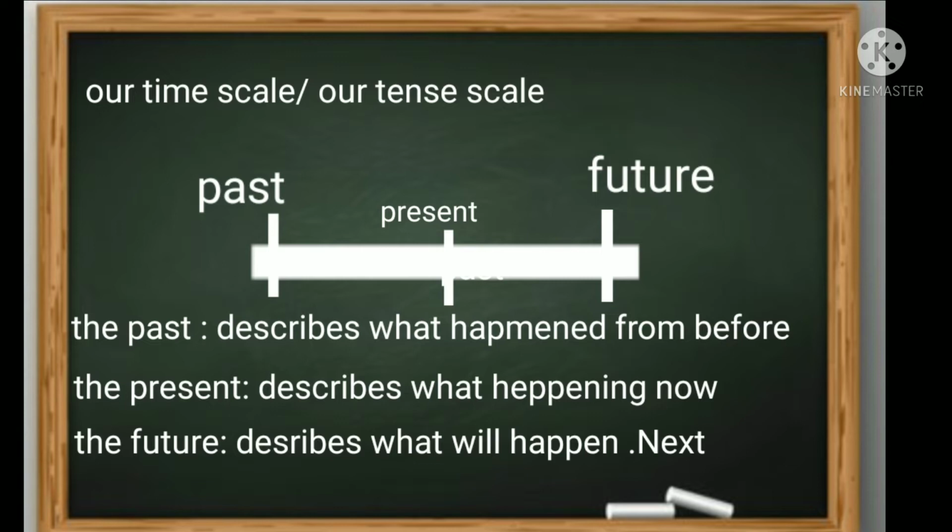The past means what happened with us from before. What happened and completed, or what happened and didn't complete, maybe we will complete it in the future. The present is about the time we're doing right now. It's about what we are doing now. And we have the future, which means what will happen, something that hasn't happened yet. We don't know what's next.